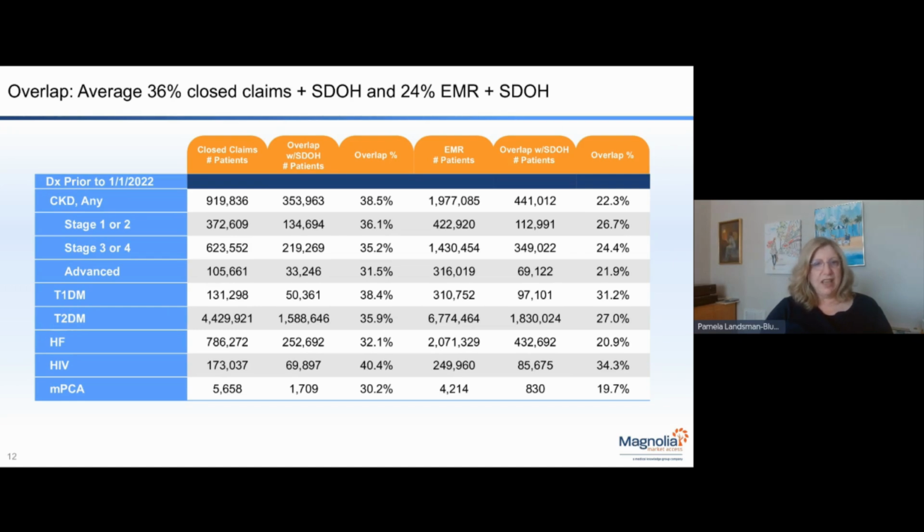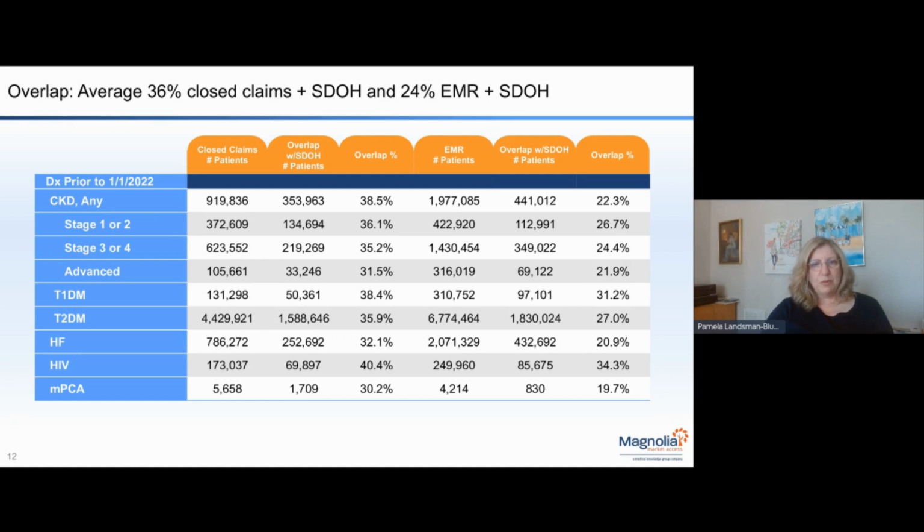And so you can see for, let's say, chronic kidney disease, stage 1 or stage 2, which is the second row, there were 370,000 patients who had some evidence of stage 1 or stage 2, early stage CKD. There was an overlap of 134,000 of those patients, which is a percentage of 36.1%. And you can see it differs for the different conditions.